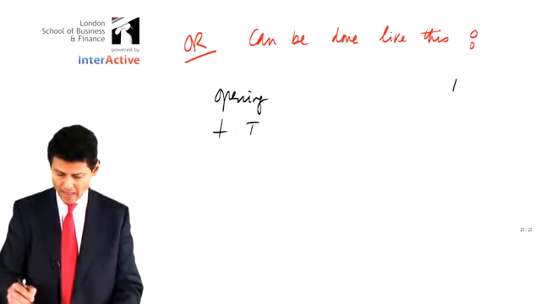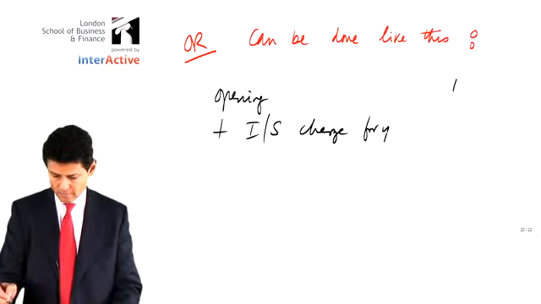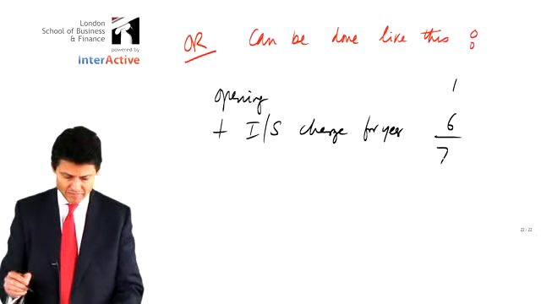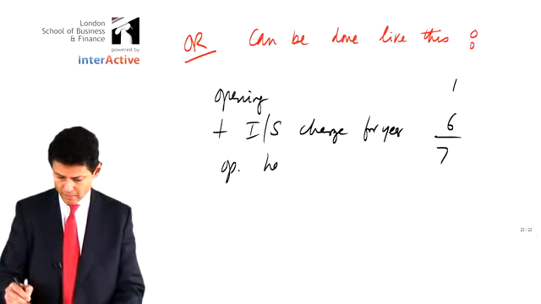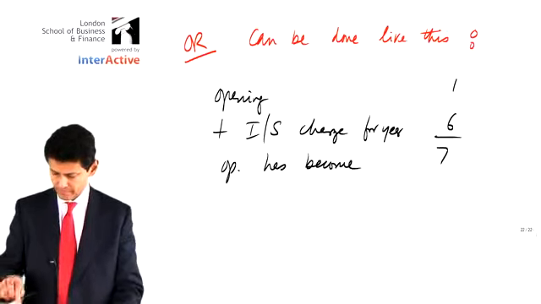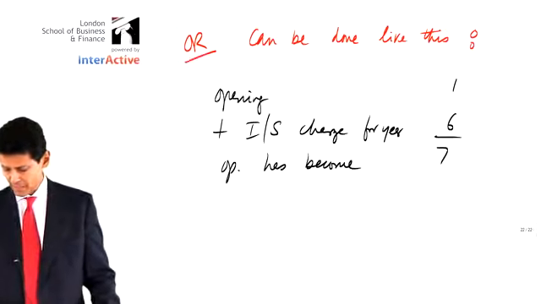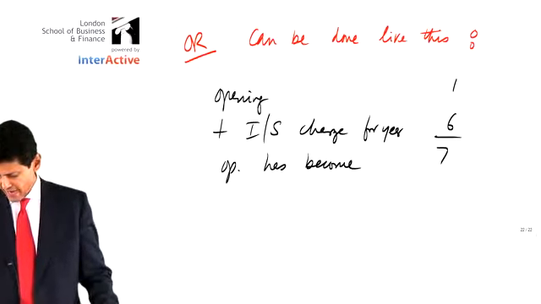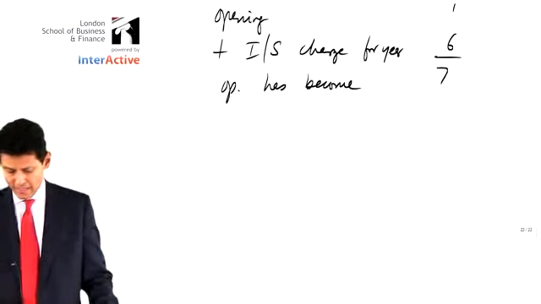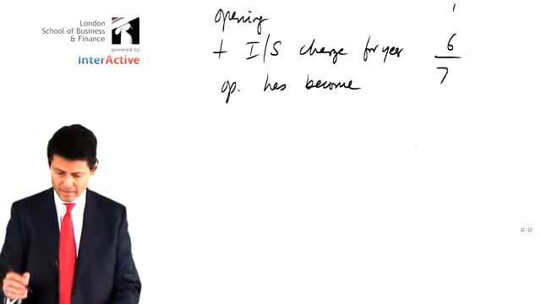To that, I'm going to add the income statement charge for the year, which is 6. And so that's 7. The opening has become 7. Obviously, if you have opening of 1 and you have tax of 6 for the year, the opening has become 7.